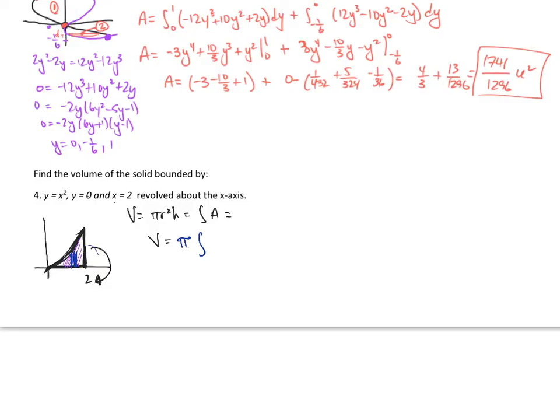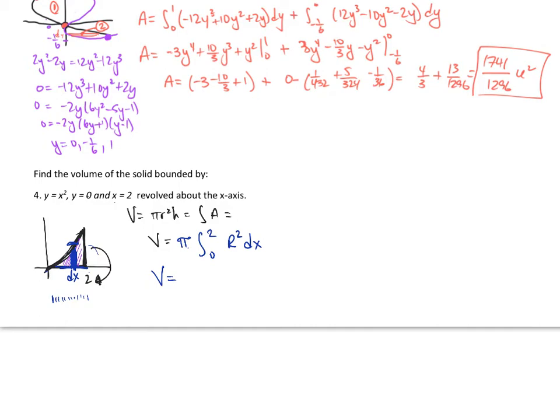We want to take our slices to be perpendicular to the axis of rotation, so I need them to be dx's. So I'm slicing them up in the x. Again, perpendicular to the axis of rotation gives me a thickness of dx. So we're going to slice it from 0 to 2, and it's going to be r squared dx. So remember, it's this radius, which is the area, basically.